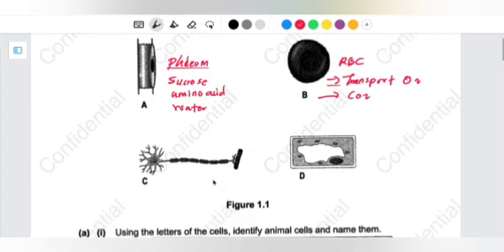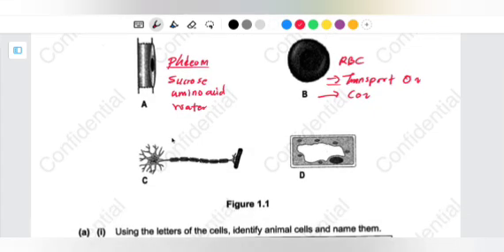And the next cell is called the motor neuron. Of course, it's a neuron or a nerve, but the actual name is the motor neuron. In terms of the function, it gets the impulse or the signal.